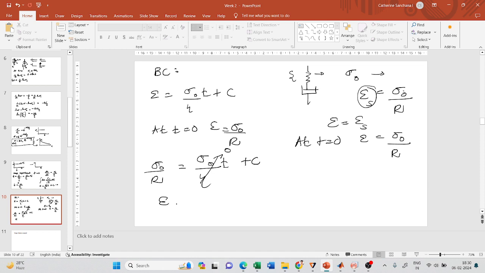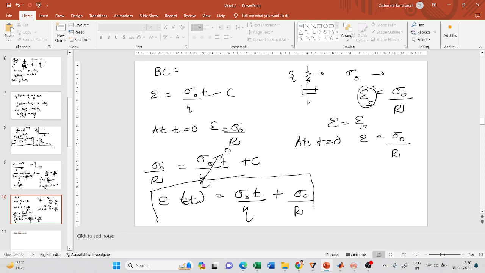So epsilon of t, which is now a function of time, is sigma naught times t by eta plus sigma naught by r. This is my strain response with time when the material is subjected to a constant stress.